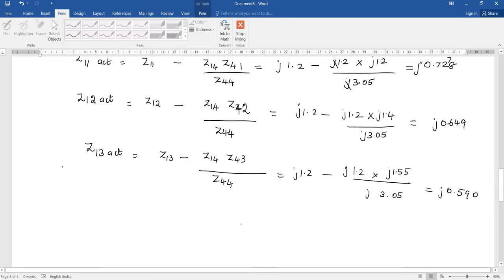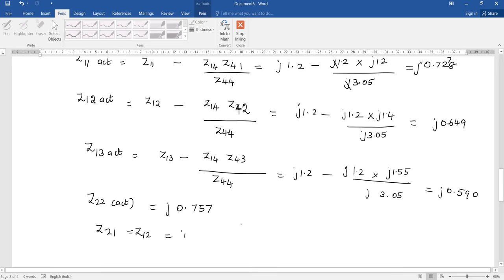And next Z22 actual. Have to give the answer for this. Verify this. Z22 actual is j0.757. Then Z21 actual is equal to Z12.